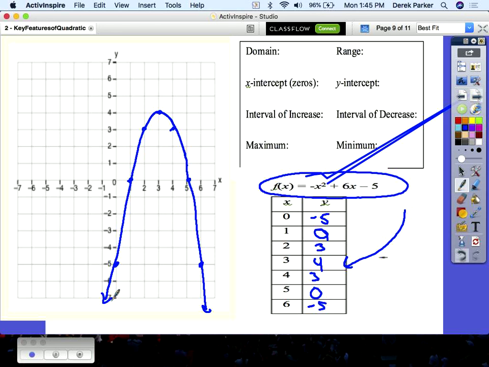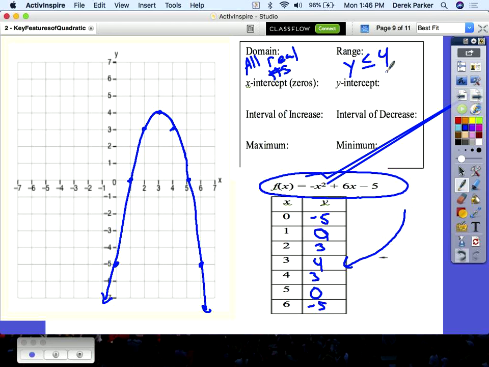Domain, all real numbers. Range, y is less than or equal to 4, because anything greater than 4 will not be represented in the range. Remember, range is your y value.